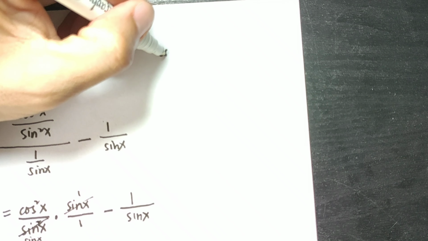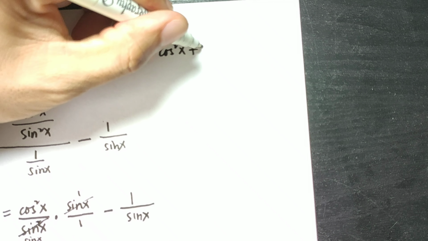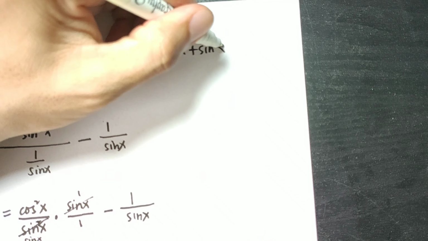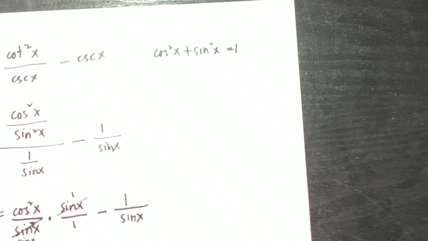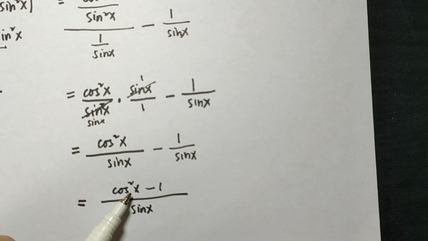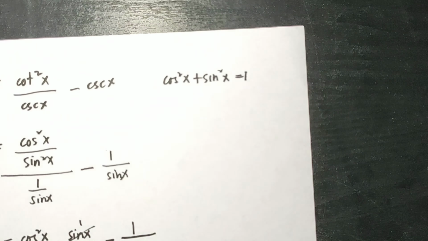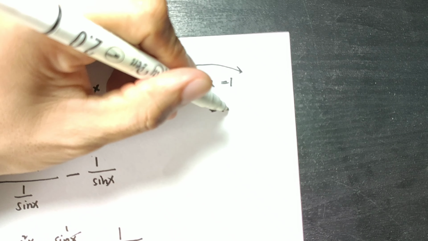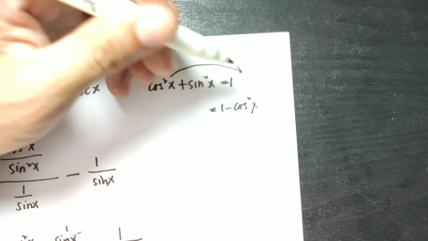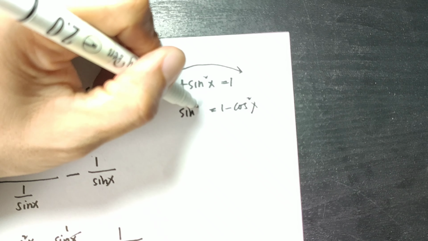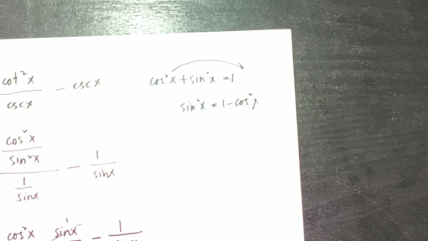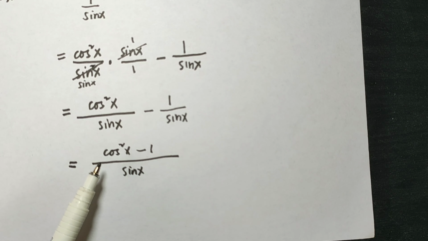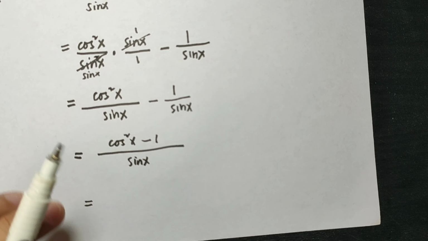So by the use of Pythagorean identity, from cosine square x plus sine square x equals 1, we are trying to find the value of cosine square x minus 1. But in here, we will have 1 minus cosine square x, and that is the value of sine square x. But look at this, we are referring to cosine square x minus 1.